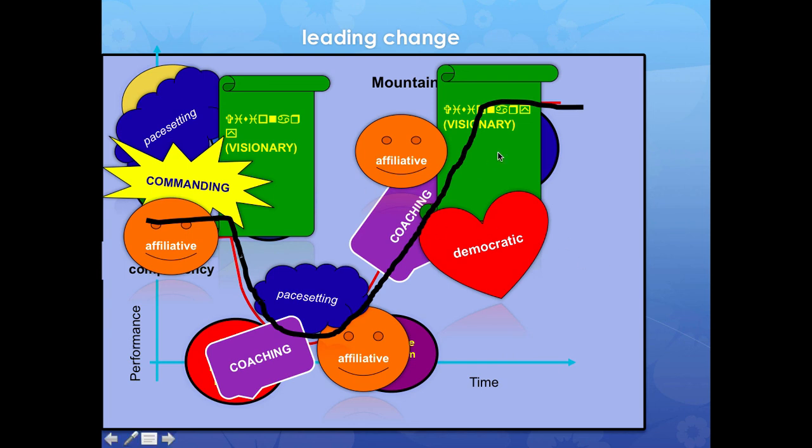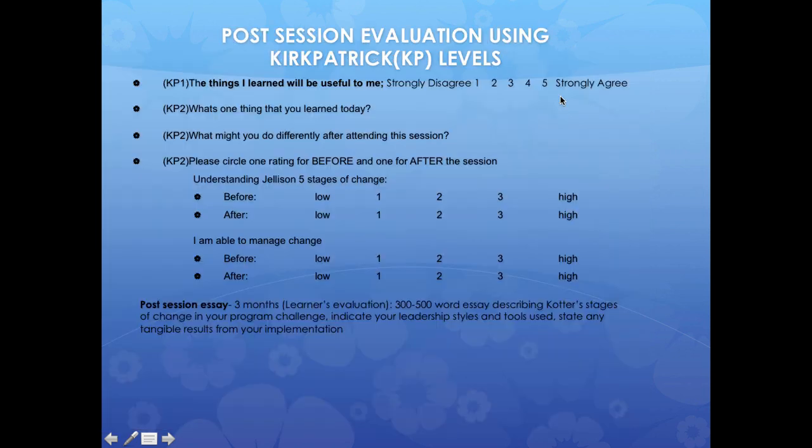And hopefully with all of these, you can see how we can perhaps coax people along this change curve.